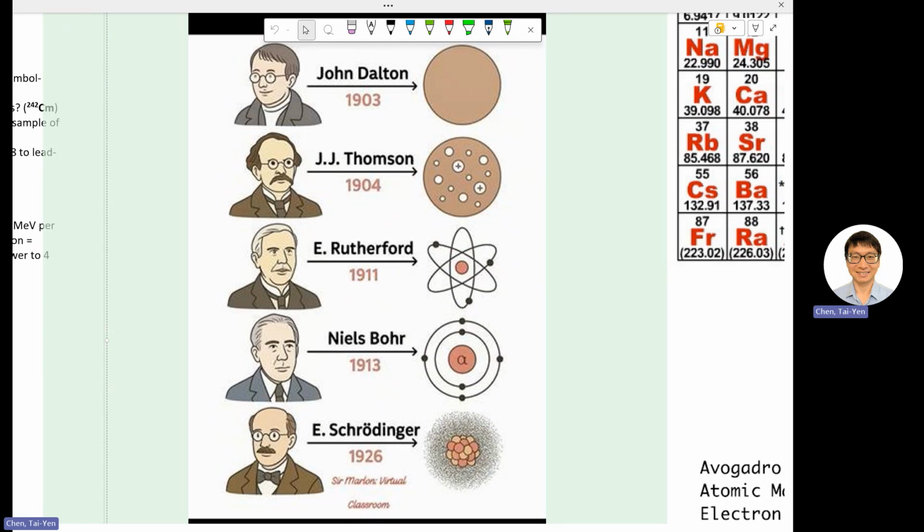But from 1926 to today, 2025, that's 100 years, and nothing really changed. At the time, it's really amazing how these scientists figured out such amazing models in such a short amount of time.